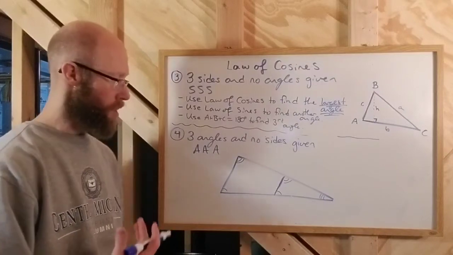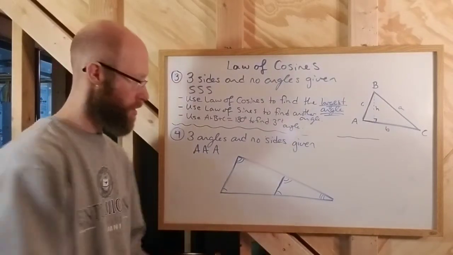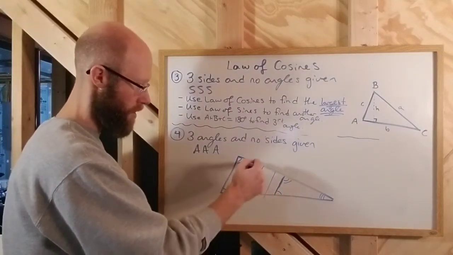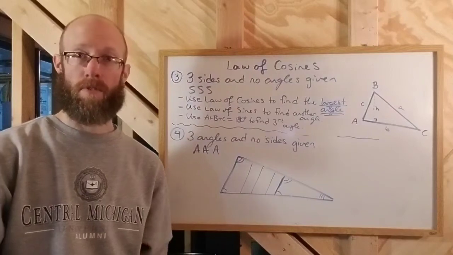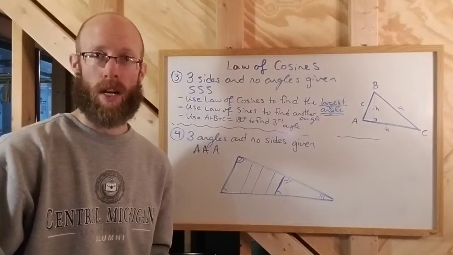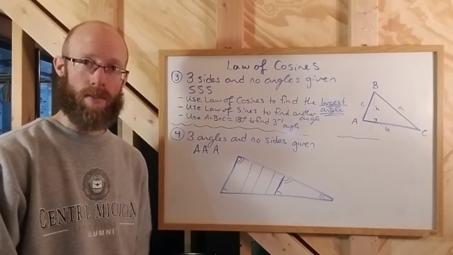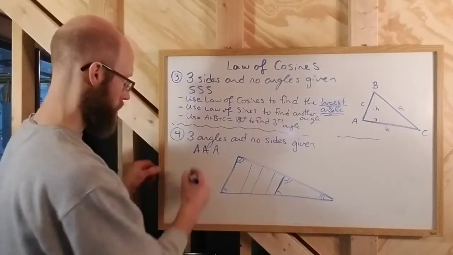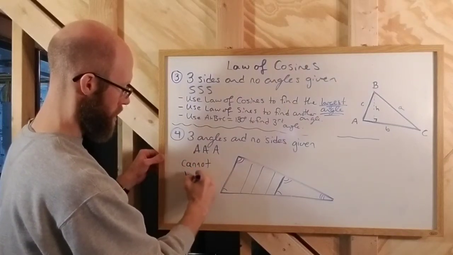There's no guarantee that you'll know the length of any of the sides. You could have an infinite number of different triangles that all have the same three angles but vastly different sides. So we can't actually solve a triangle that has three angles given. It's impossible. It cannot be solved.